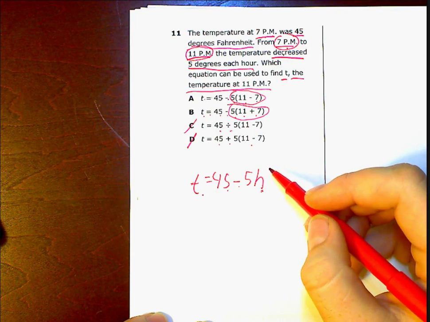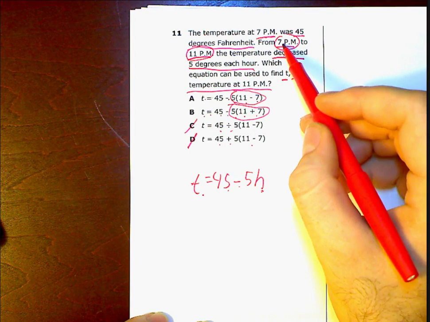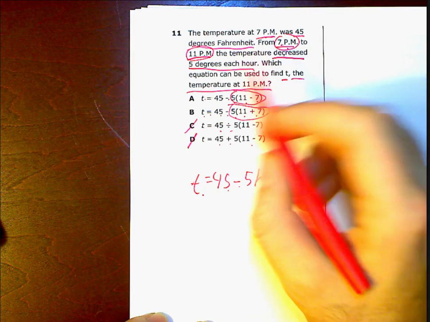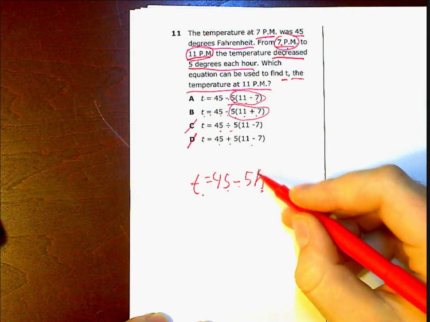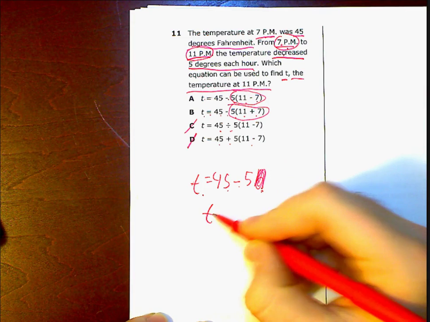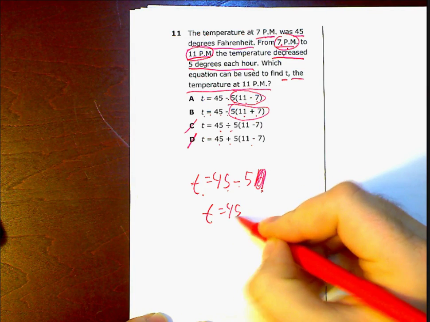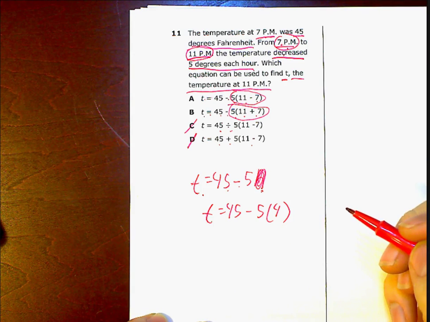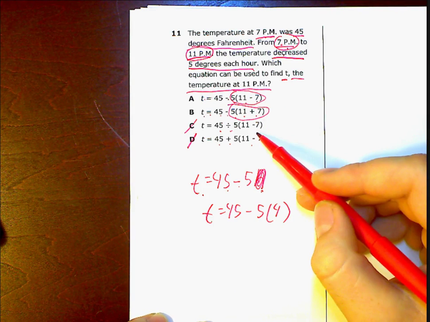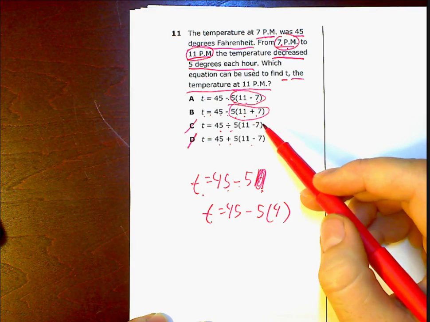So what they find is that 4 hours passed from 7 p.m. to 11 p.m. So essentially, to find T, it's going to be 45 minus 5 times 4 hours. They don't write 4 in here, but you can figure out which one of these equals 4.